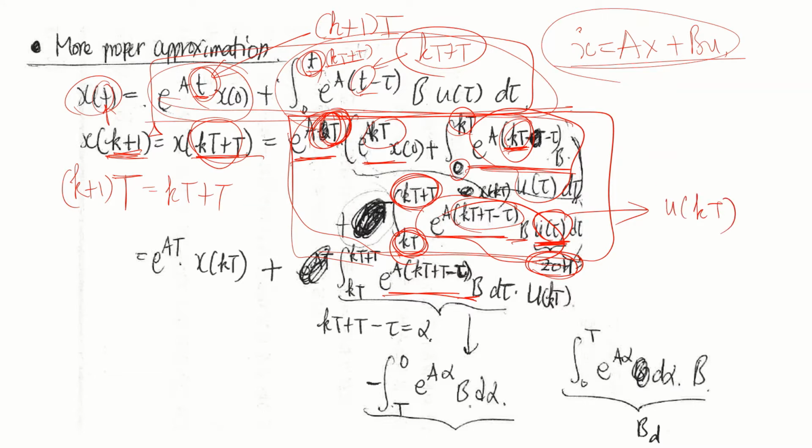So you have the u during this time interval from kT to kT plus T, but you assume that this is constant, u of kT. Then you can take this outside because it is not being integrated. This is a constant value.